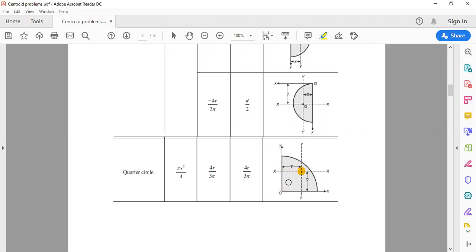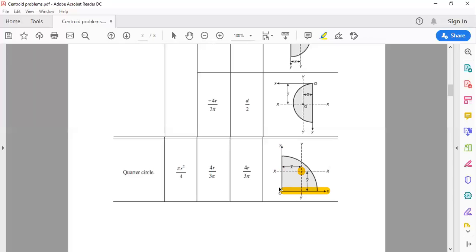Now the next thing is about y bar. Distance of centroid from x-axis, because we are calculating y bar. So you can see that the face of the quadrant of a circle actually coincides with x-axis. Distance of centroid from the face or from the x-axis is again 4r by 3 pi.